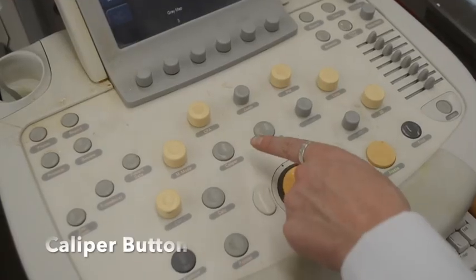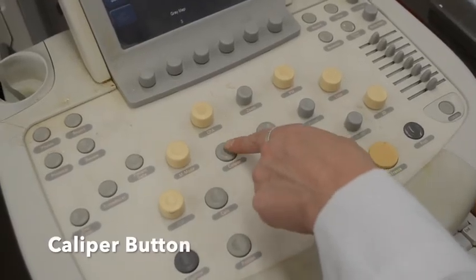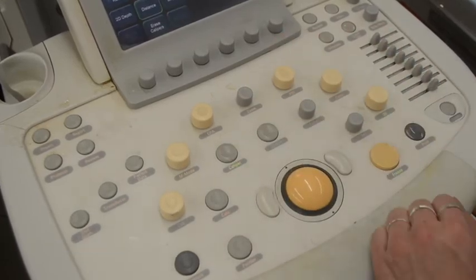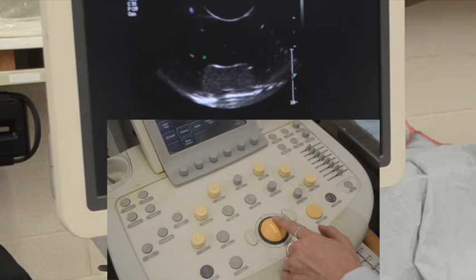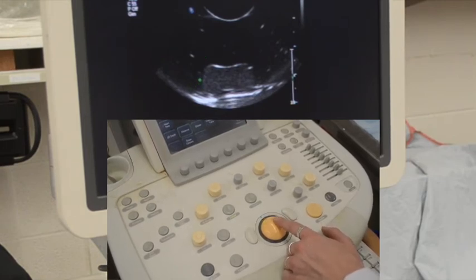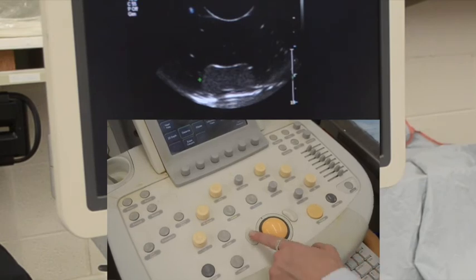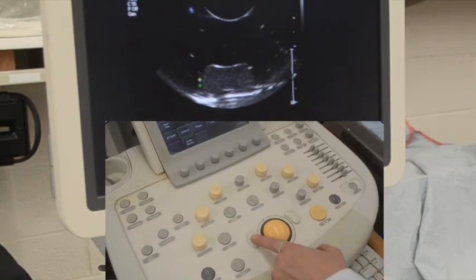Using the caliper tool on the ultrasound machine, you can now take a measurement. To do this, move the trackpad ball to the first side of the structure you intend to measure. Hit the select button. This button is located just left of the trackpad ball. This action will mark the first point of your measurement.